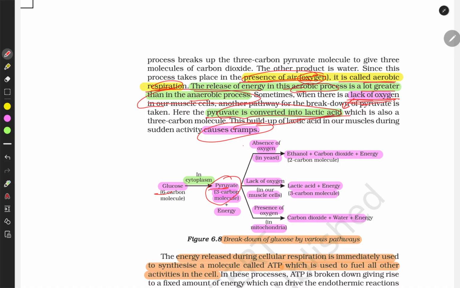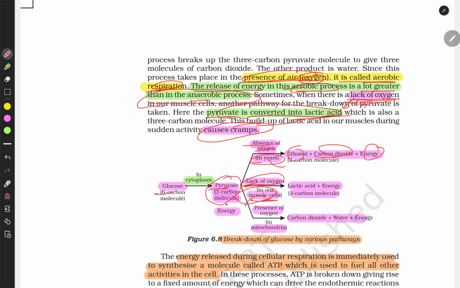And what happens in the absence of oxygen? The pyruvate converts into ethanol and carbon dioxide and energy in the yeast. And lack of oxygen in a muscle cell? When the pyruvate converts in a muscle cell, what happens in this case?